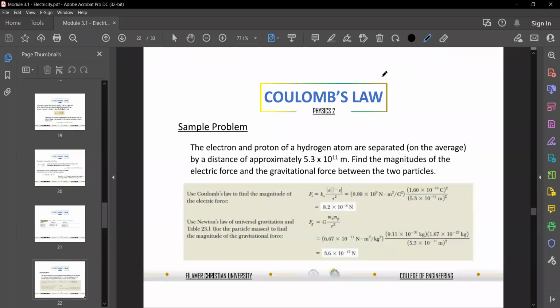Let's say this is your electric charge, then this is your positive charge. So our distance is from the center here to the other side. So this is your R, the radius between the two particles.